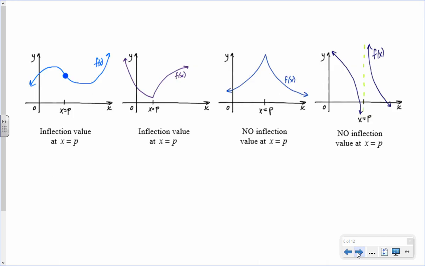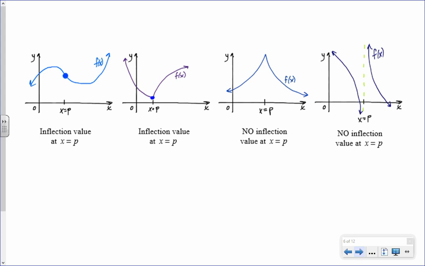So here are some examples. Here we have a change in concavity. There's our inflection point. Okay. Here we have a change in concavity. Concave up, concave down. That would be an inflection point.